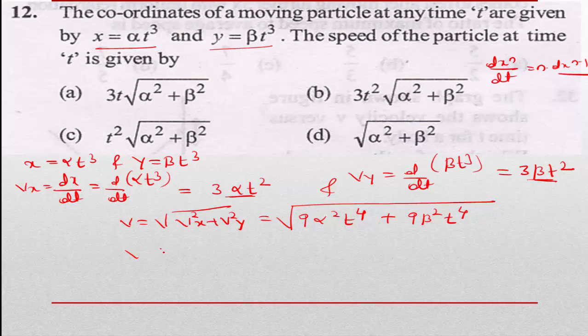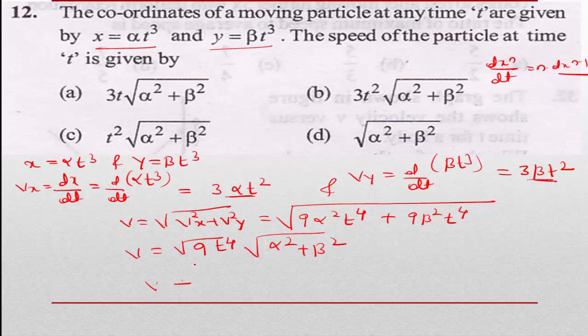Therefore v is equal to, the common value in both is root of 9 into t to the power of 4, and what remains is root of alpha square plus beta square.